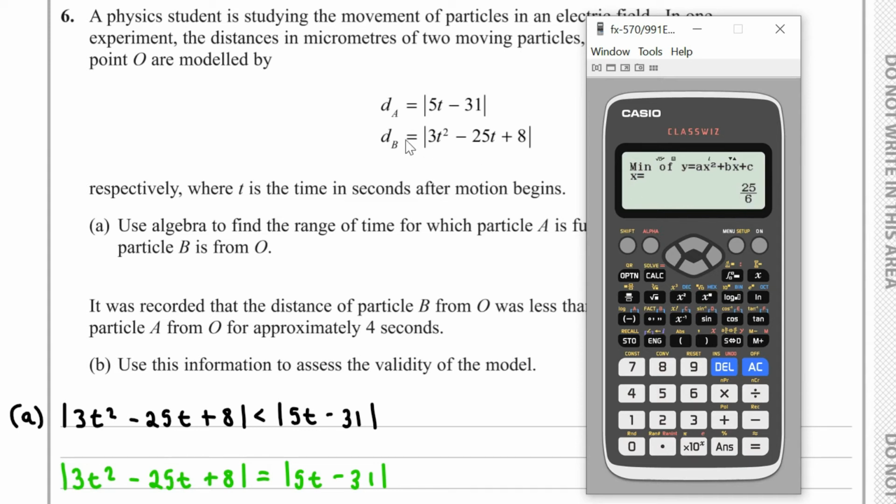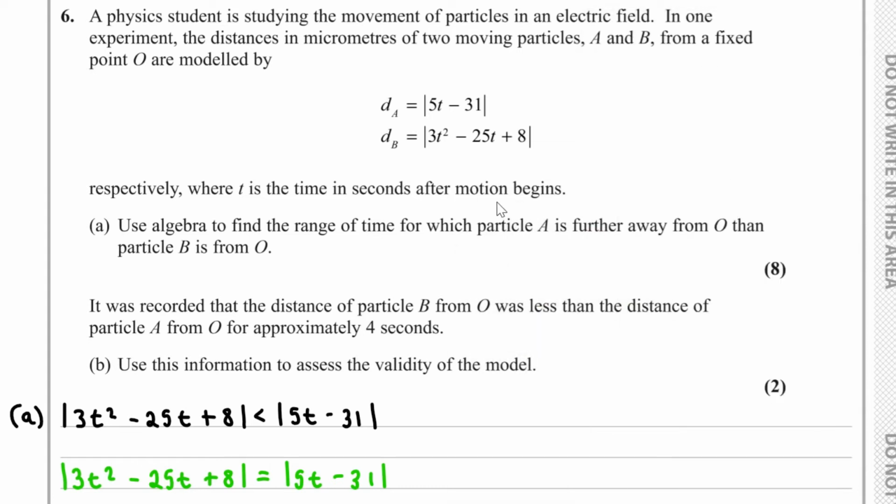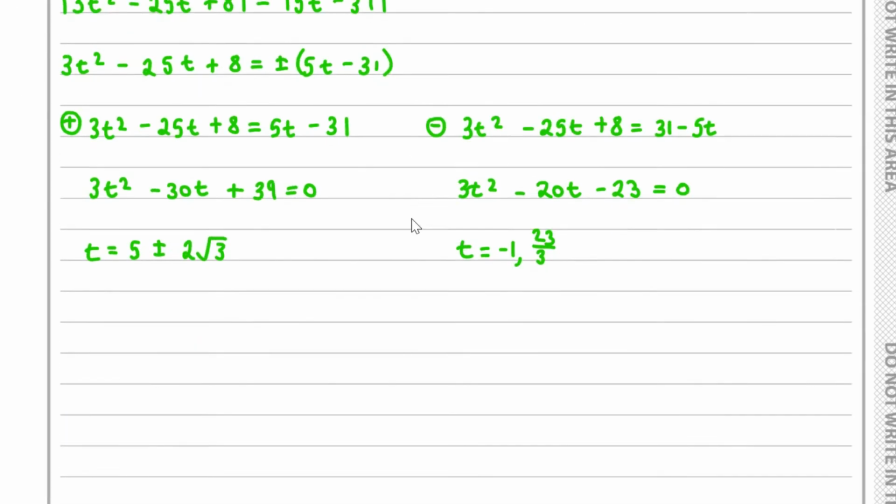So the minimum occurs at this point, and the minimum here is negative, and of course when we mod that, the maximum will be positive 529 over 12. So let's sketch dB first.